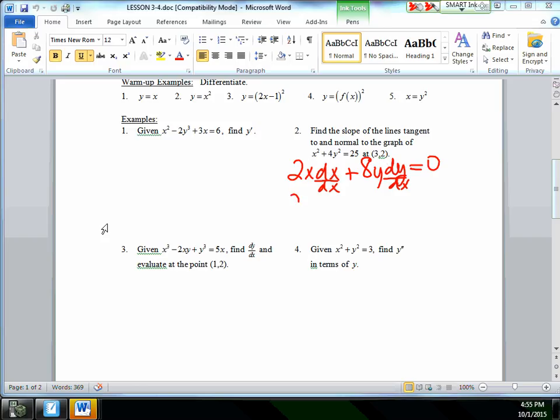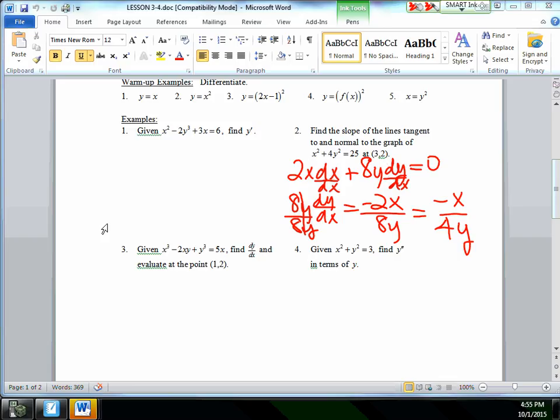So I have 8y dy/dx equals negative 2x. And the last move, I don't have any factoring to do here because I only have one dy/dx. So I'm just left with the last step, which is to divide. So dy/dx equals negative x over 4y.